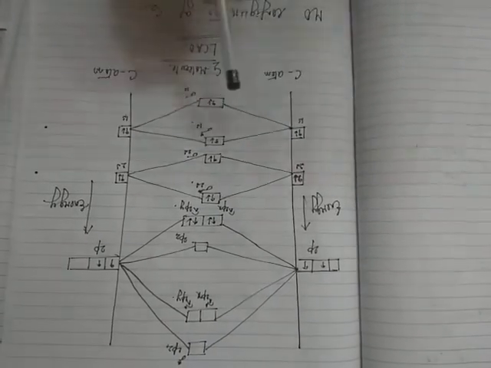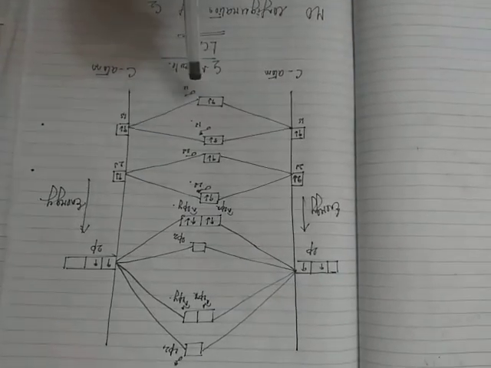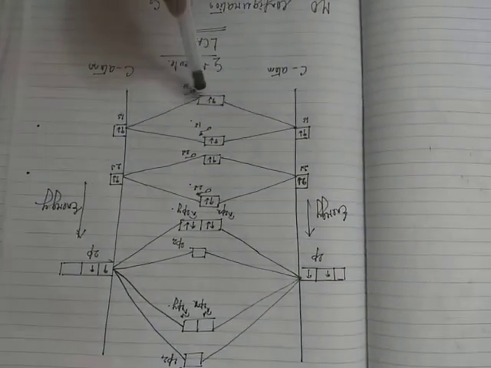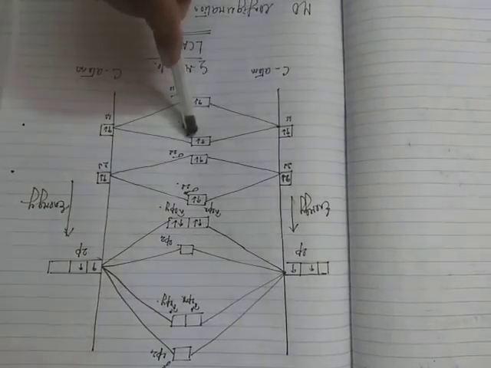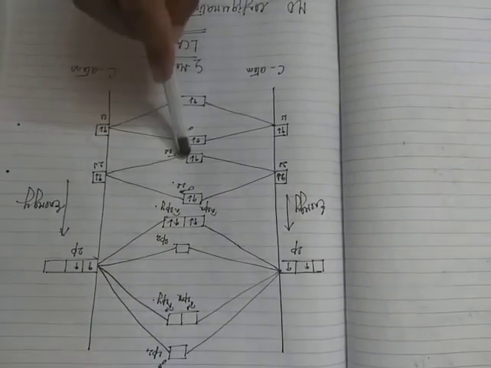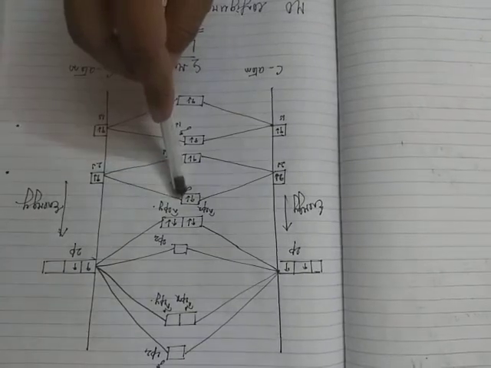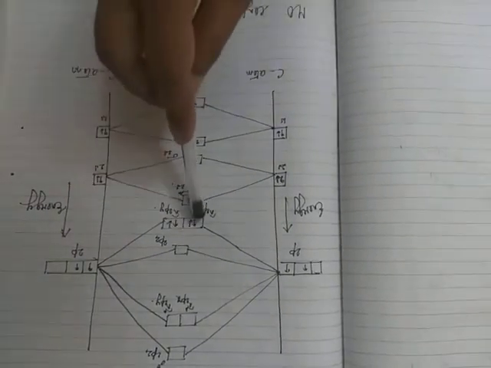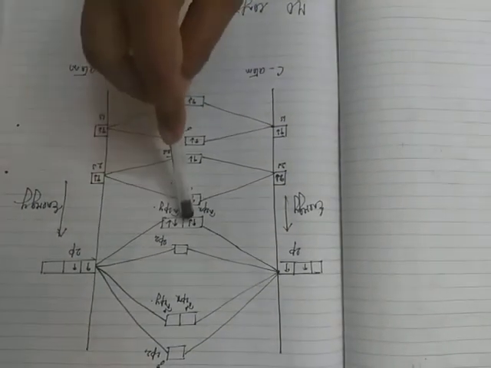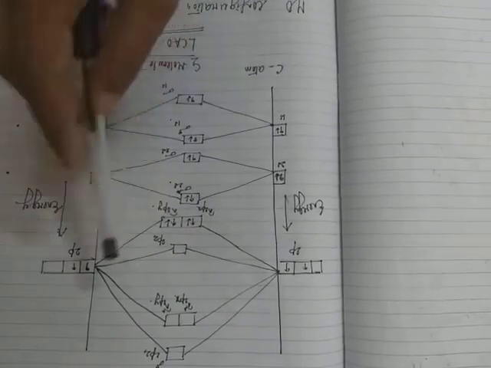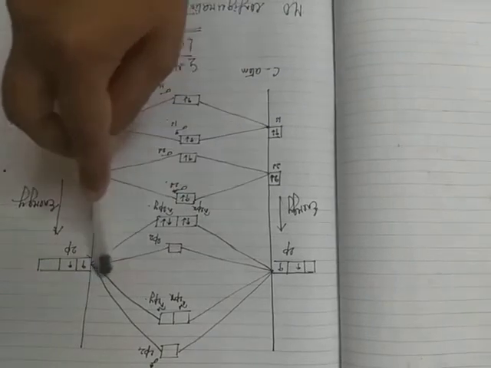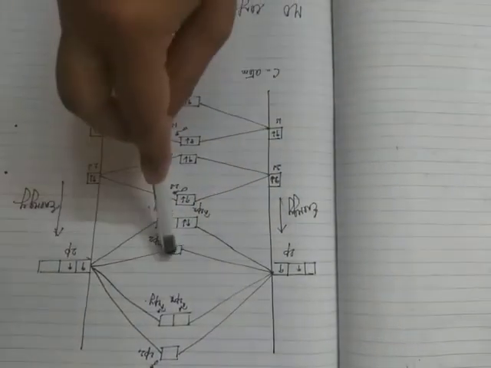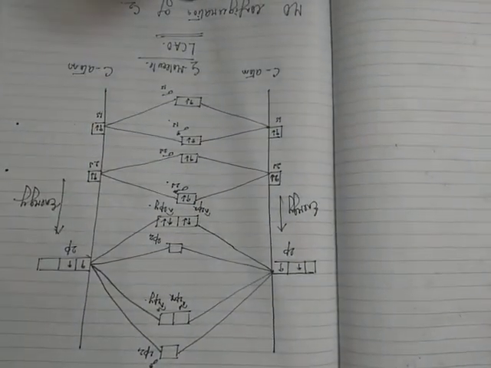These 14 electrons would be filled up as sigma 1s2, sigma star 1s2, sigma 2s2, sigma star 2s2, pi 2px2, pi 2py2 and sigma 2pz2. Up to all these bonding molecular orbitals, these 14 electrons would be filled.